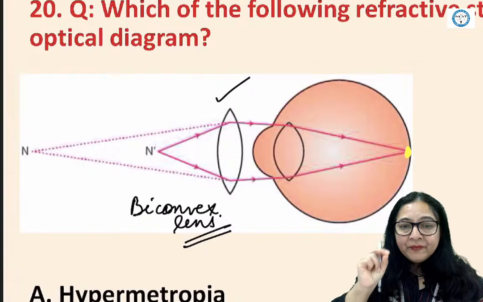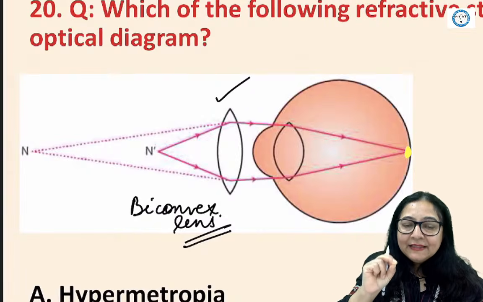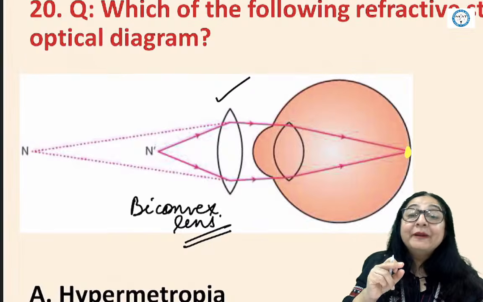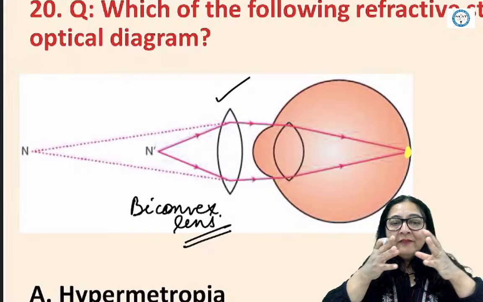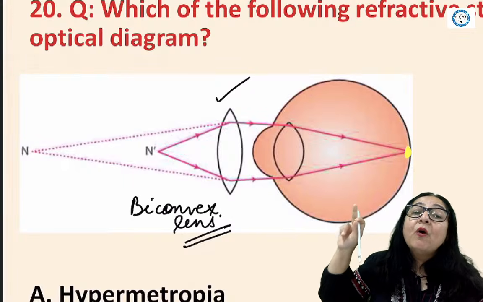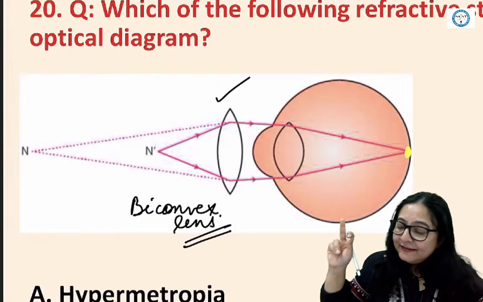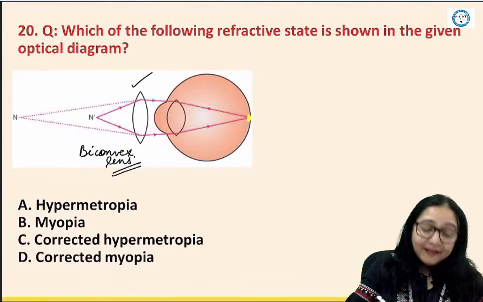So a plus lens or a converging lens is used in cases of hypermetropia, where converging power is less. So you give a convex lens so that the light rays can focus on the retina. So that is a case of, very nice, most of you have given the correct answer, corrected hypermetropia.